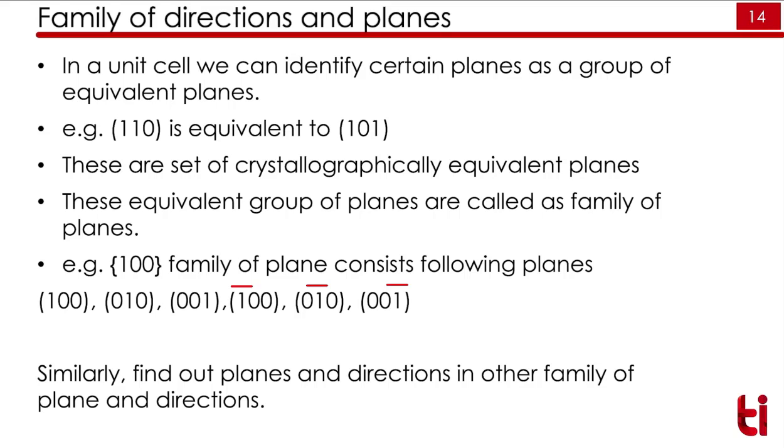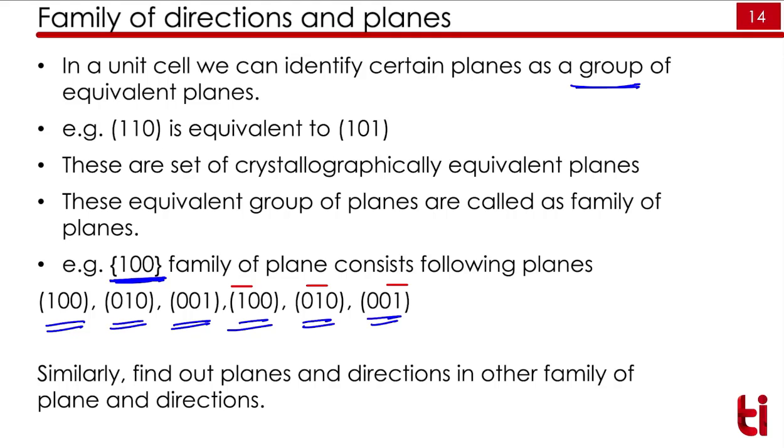Then, as I told earlier, certain planes can group as equivalent planes. They are crystallographically equivalent and they have same magnitude, but they are in different directions. So for example, for 100 family, we have 6 members of the family. So 100 is a family of planes and it has 6 planes in that.